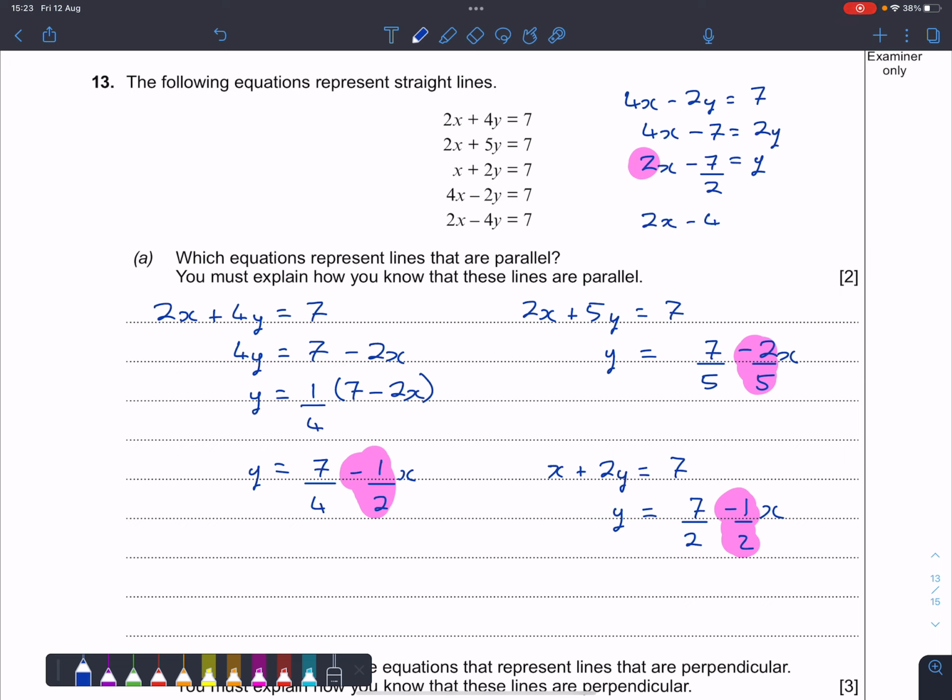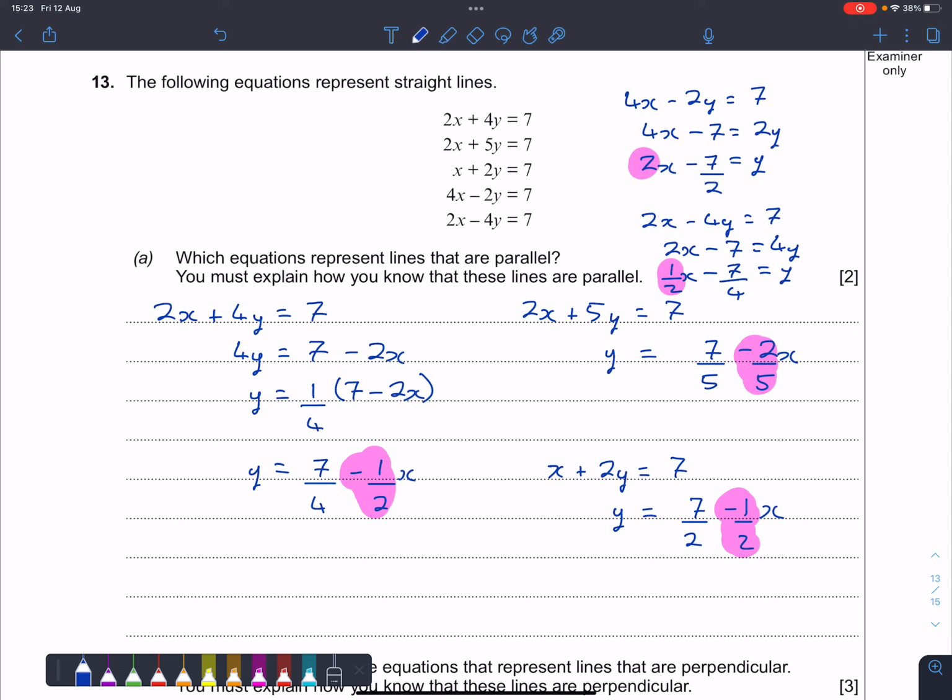And the last one, 2x minus 4y equals 7. Doing it a similar way, I get 2x minus 7 equals 4y, and then dividing everything by 4 will give me a half x minus 7 over 4. So that would be the gradient.